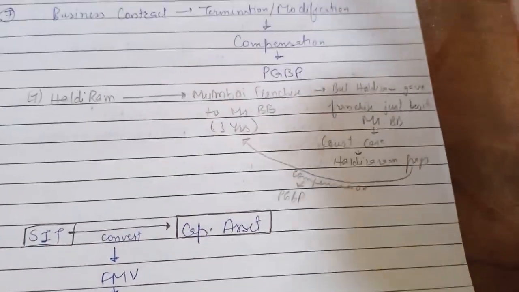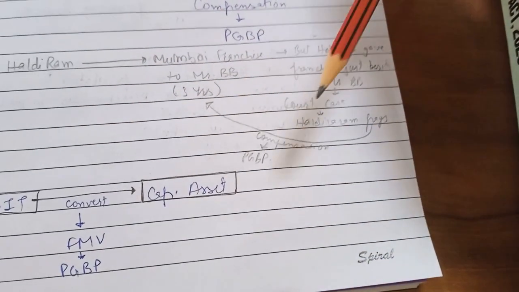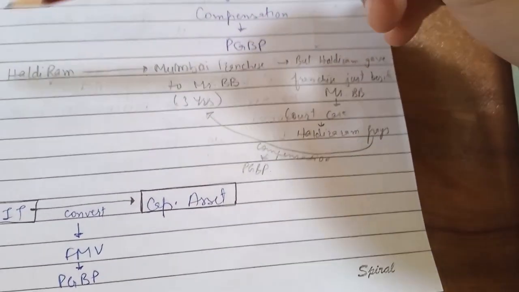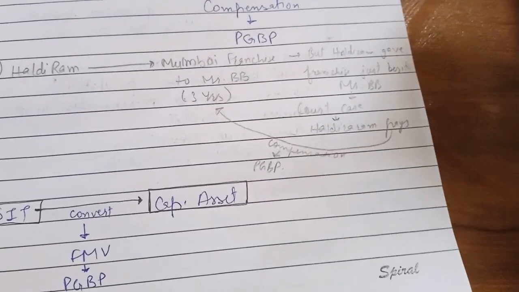This is a violation of contract terms, so Mr. BB sues Haldiram, and after the decision of the court receives a compensation for this practice of Haldiram, and this compensation will be taxed under the head business income.